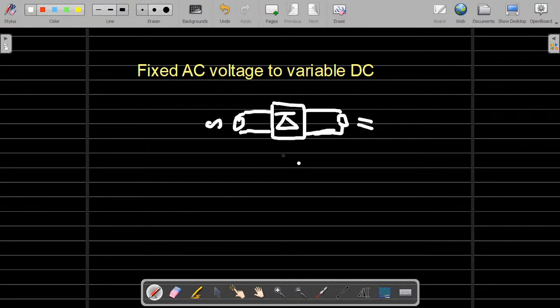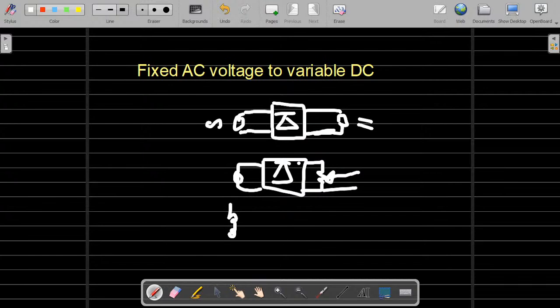Now to have a variable DC, I can connect. So I'll explore the options now. What I can do, I can use a voltage divider. On this side there is no change. This is one option. Then I can use an auto transformer at the input.